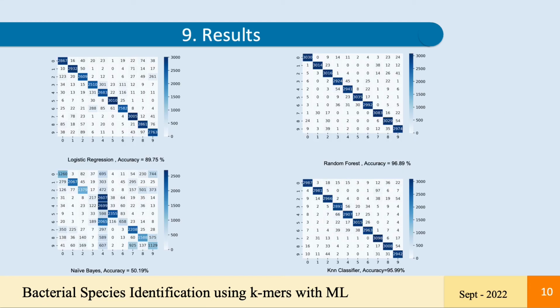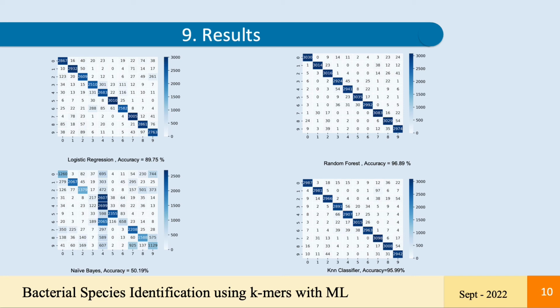After predicting the bacterial species on testing data, we can see logistic regression gave 89.75% accuracy, random forest gave 96.89% accuracy, naive Bayes gave 50.19% accuracy, and KNN classifier gave 95.99% accuracy.